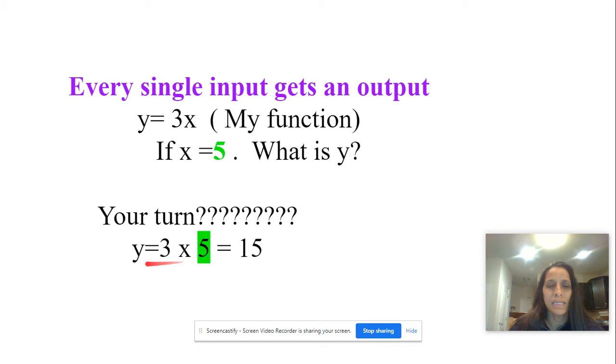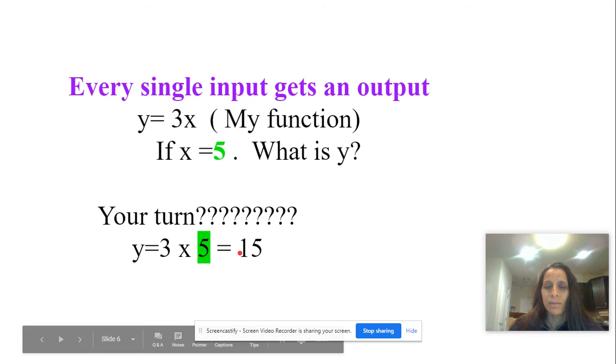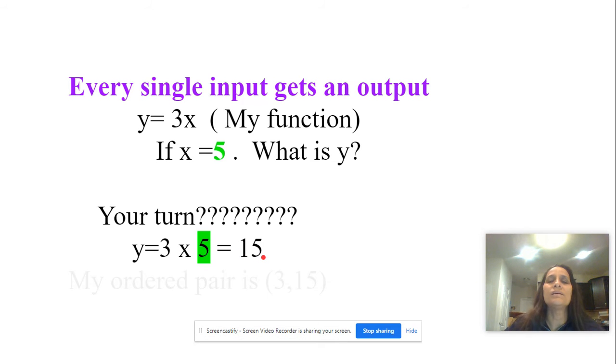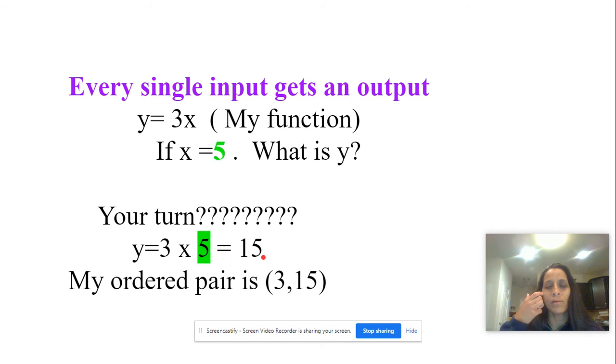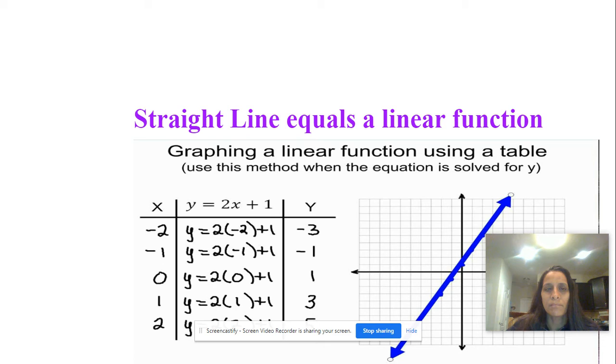So y is equal to 3 times 5, which is equal to 15. So my ordered pair is 5, which is my x, comma, 15. It goes back to the same thing you did when you were evaluating expressions in your warm-up.